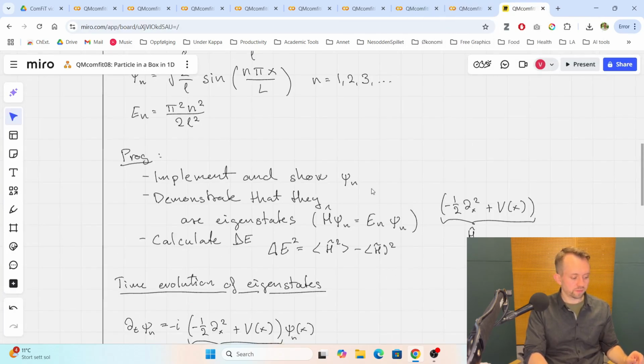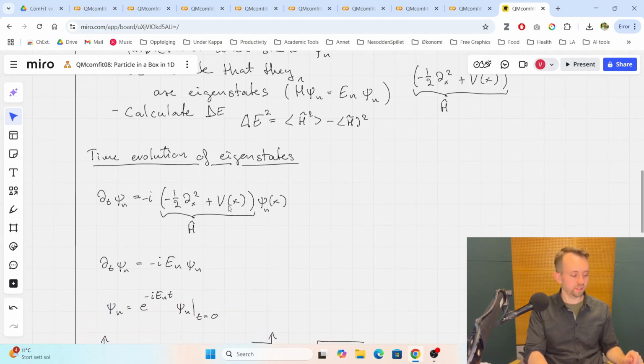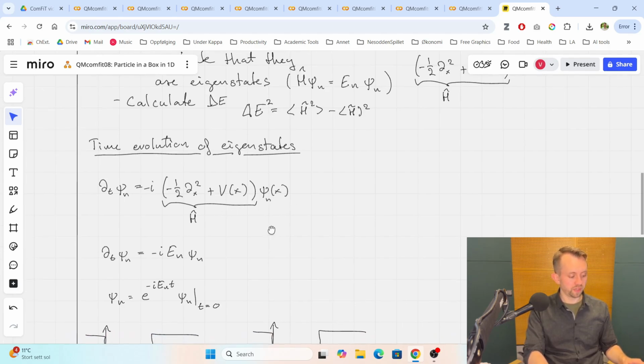So now let's go on to look at the time evolution of the eigenstates. So we know that the Schrödinger equation tells you how the wave function evolves according to this equation: dt psi n is equal to minus i, and then this thing here multiplied by psi n.